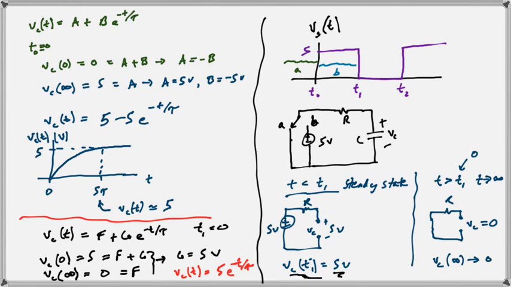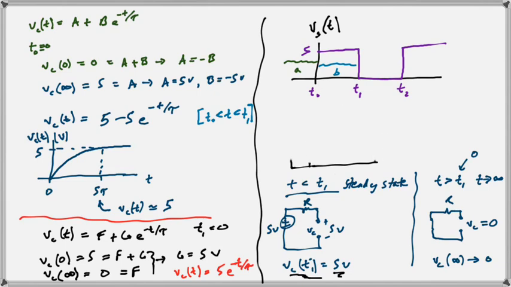So the previous one, let's just make a distinction here. Let's go from t0 less than t less than t1. And then for our red equation, we can just time displace it, time shift it.